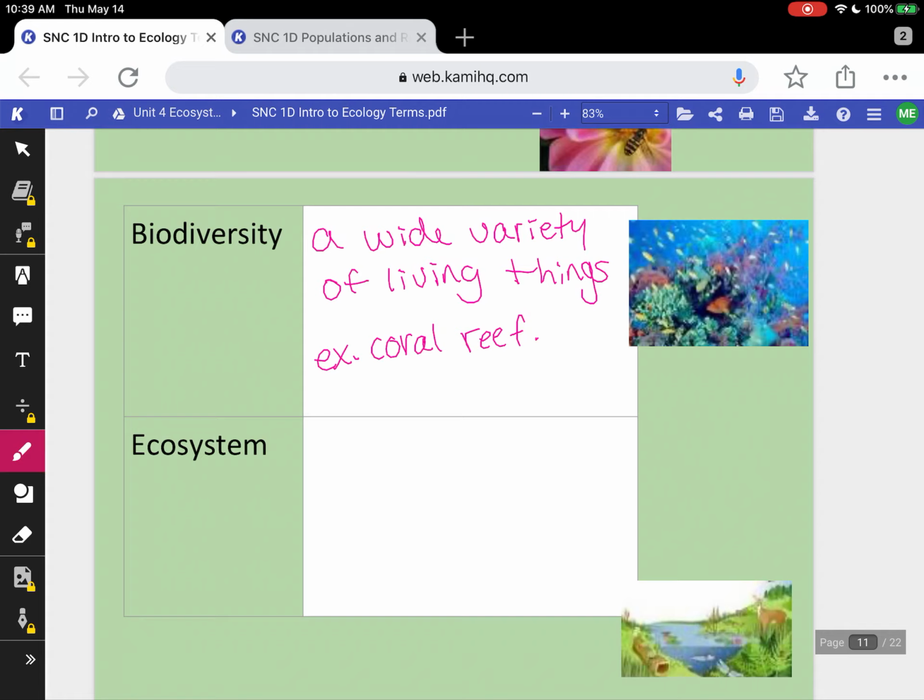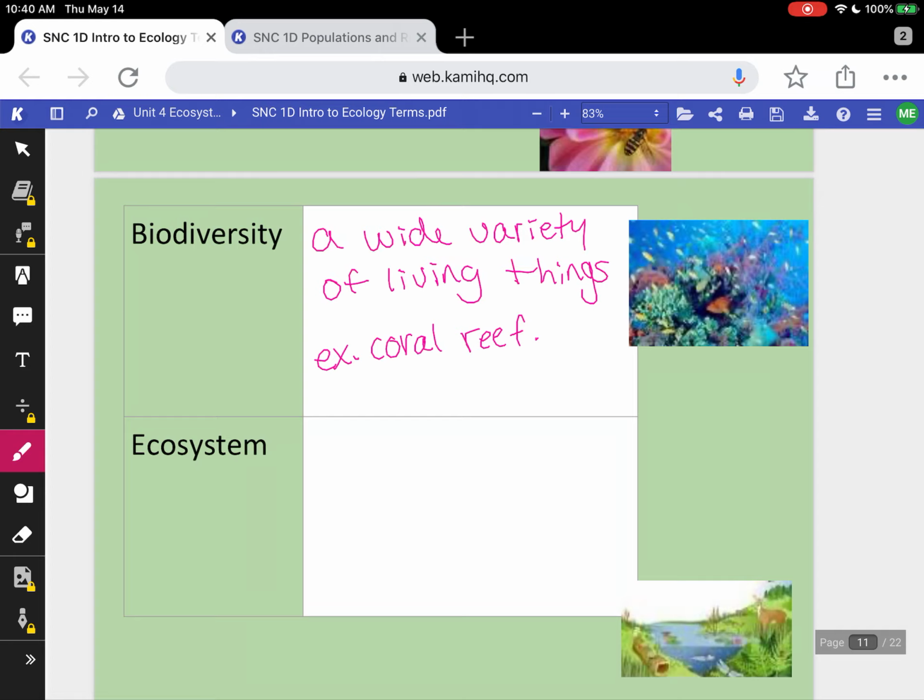So that's what this picture here is showing. A coral reef has hundreds of thousands of different species of living things, right? So there's tons of different types of fish and plants and all kinds of different things that all live in that same area. The rainforest would be another great example of a place that has a huge amount of biodiversity.